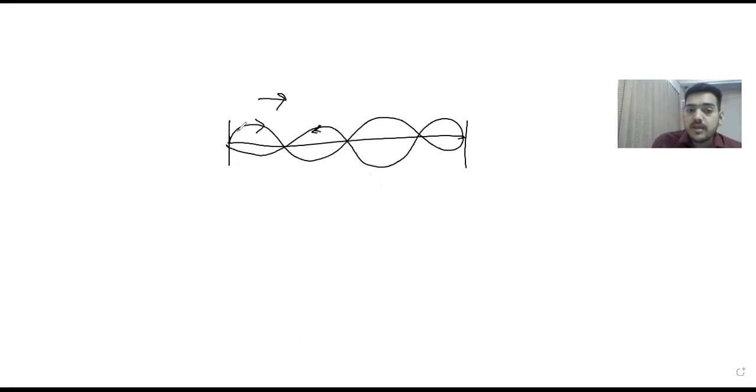In these waves, the particles vibrate about their mean position. Different particles at different positions keep vibrating. Since these are not progressive waves, they do not progress ahead. The particles keep moving with the same amplitude, but some particles move with maximum amplitude and some with minimum amplitude.